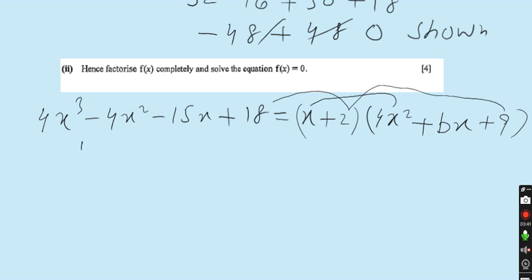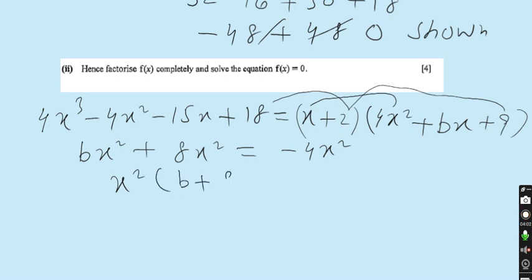So x into bx is bx squared, and 2 fours are 8x squared. The left hand side's x squared term is negative 4x squared. Taking x squared common, b plus 8 is equal to negative 4.